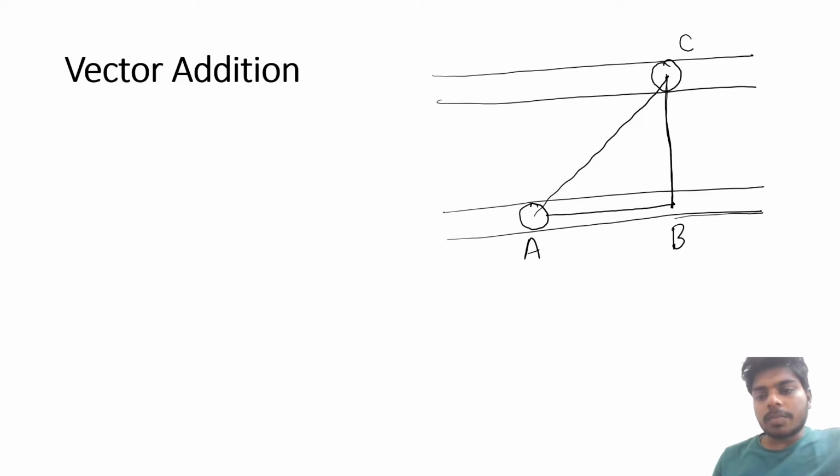This is the same example only. This was 3 meters per second, this was 4 meters per second. So what is this actually? AB is a vector. Actually, we represent a vector by showing an arrow over the vector quantity. AB is a vector. What vector?